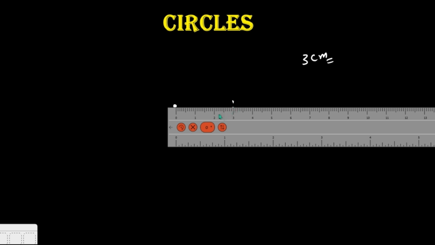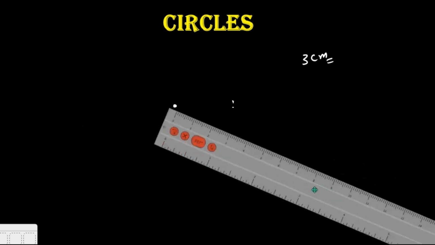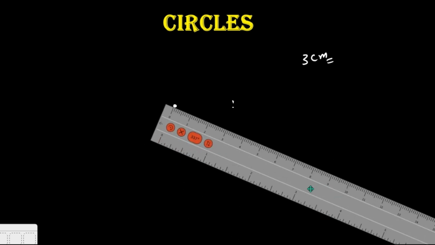So how many points can you have at the same distance from this point? It has so many points, right? If you rotate this scale and mark another point at 3 centimeters, you'll get another point here. From here to here is also 3 centimeters.